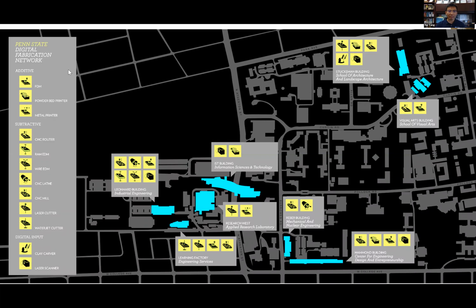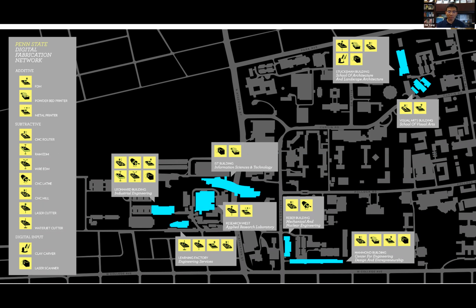For example, at UP, we have the NAND building, IST building, all these buildings, and they provide FDM, powder bed additive, and metal printers. And also we have traditional subtractive manufacturing, okay? And how do we provide this kind of service to all the students? The students can submit their design and get it processed somewhere in the UP campus or another campus.